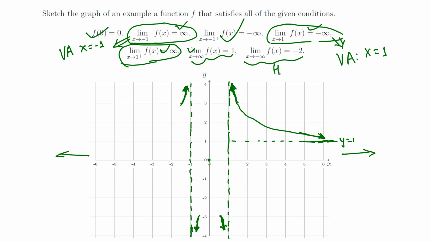That means horizontal asymptote y equals -2. The graph can go from the bottom or from the top, but we have this already there, so just bring it something like this. Try to make it curved, not like a straight line. Okay, and that satisfies everything.